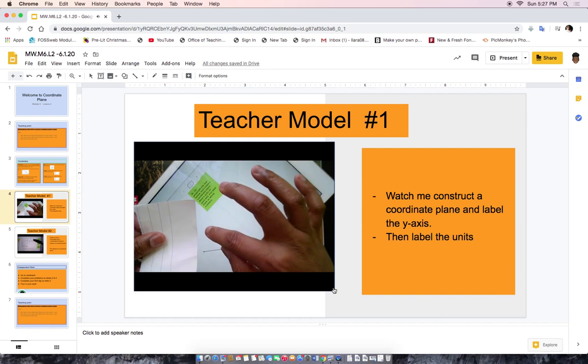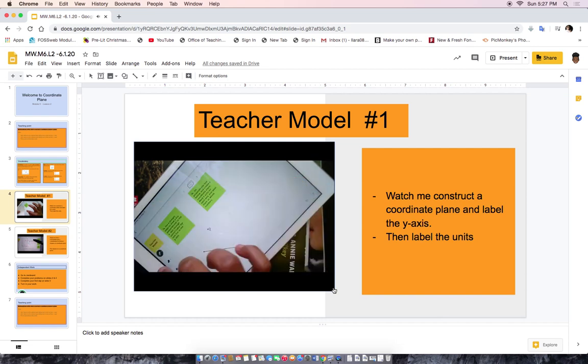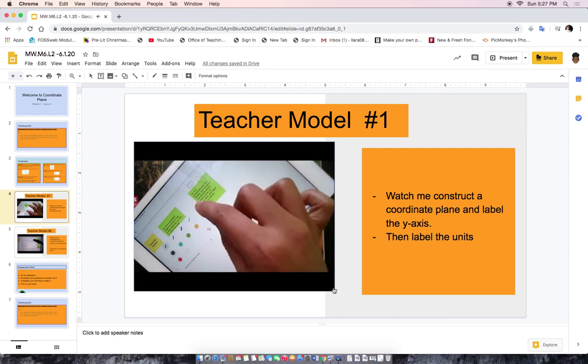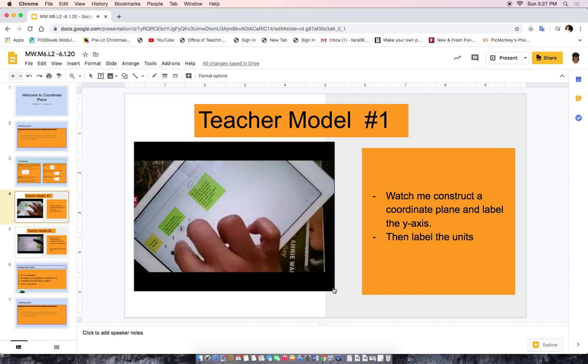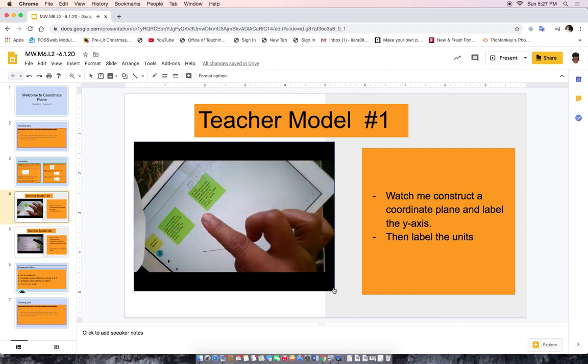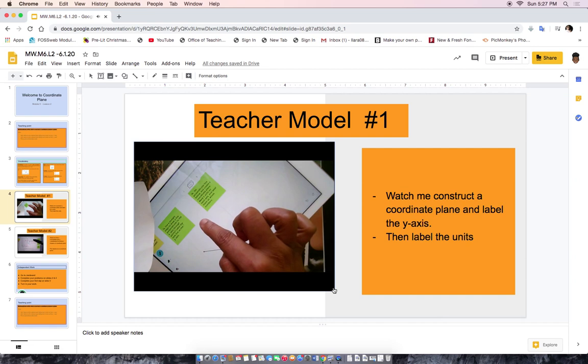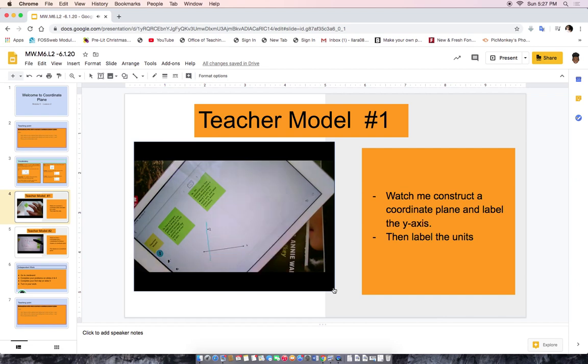Okay, so I'm holding it above, not on my tablet, but above. And I'm going to try to make this line. I am going to use a highlighter, and I'm going to make it blue. Okay, so I'm just going to take my finger. Let's start about here. Okay, so it's not exactly on the line, so I might go back. Okay, that's closer.